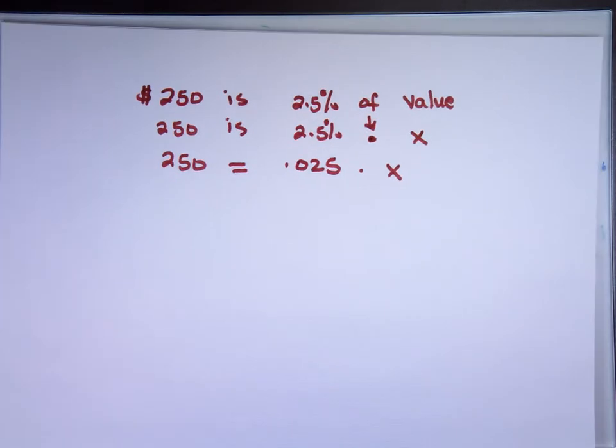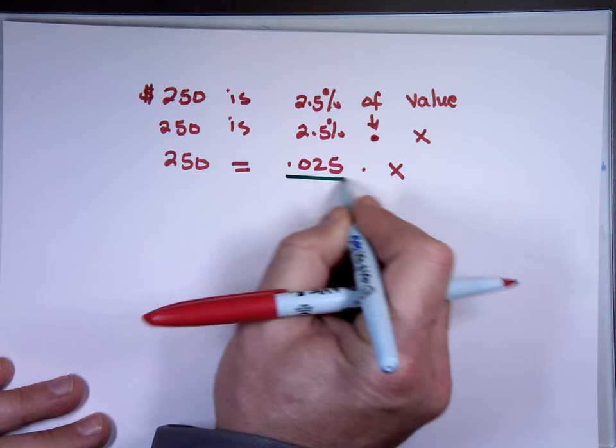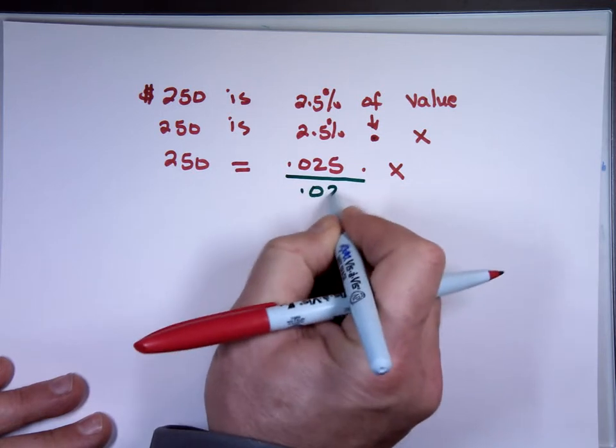Notice that looks like a linear equation we did in section 2.2. When you have multiplication, what is the opposite of multiplication? You're going to divide, and you're going to divide by the number next to x. So I need to divide both sides, because I want to solve for x. I need to divide both sides by 0.025.